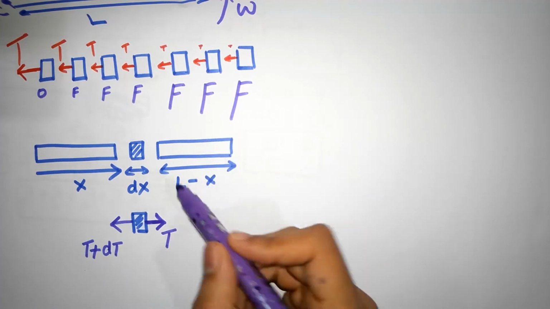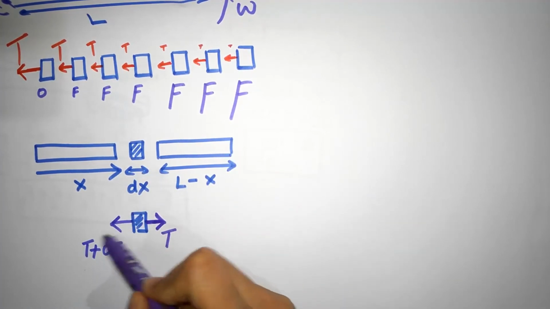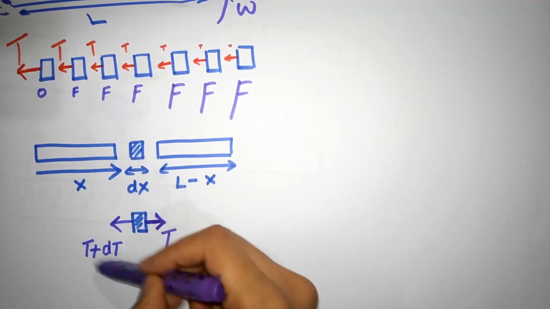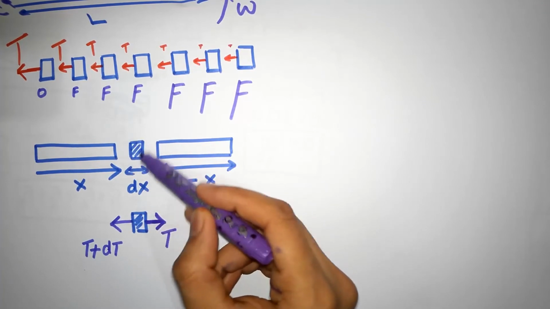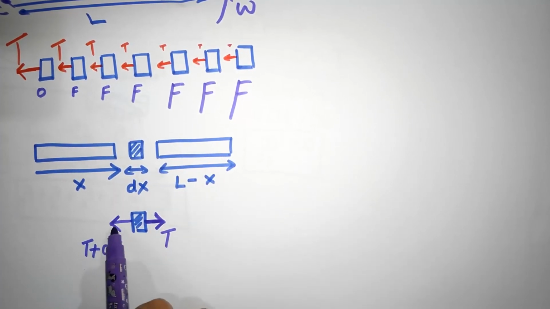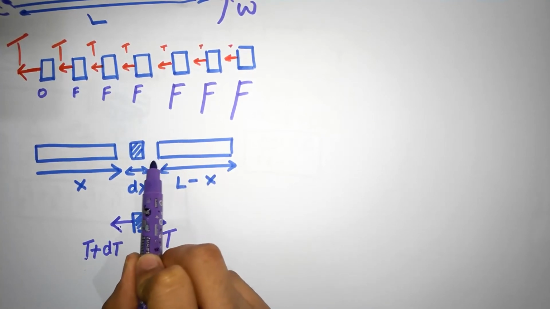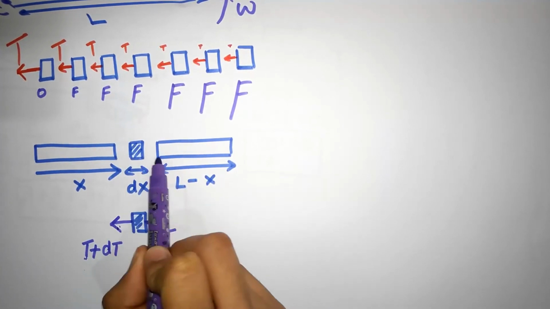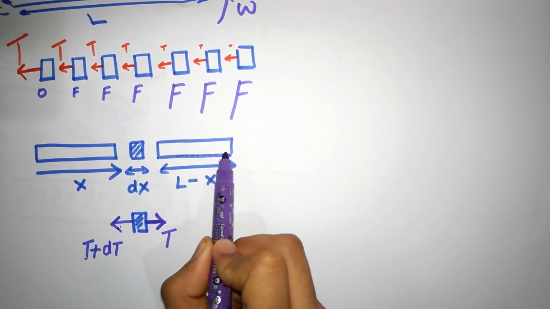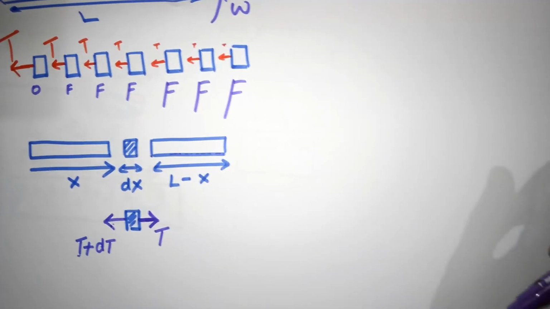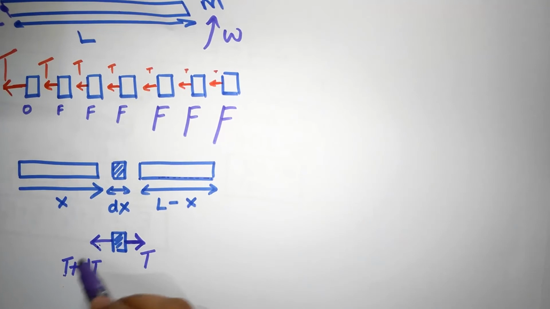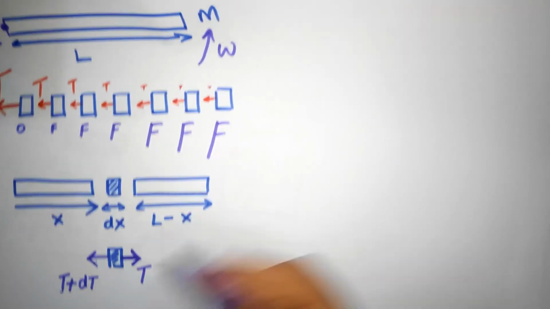I hope you are able to understand it. I'm going to repeat. dT is the small net force that this guy needs. But to calculate this tension T, I will sum up all the net forces from here all the way up to here. Exactly what I did earlier. Okay? Alright, so let's build an equation for dT. dT is the net force.